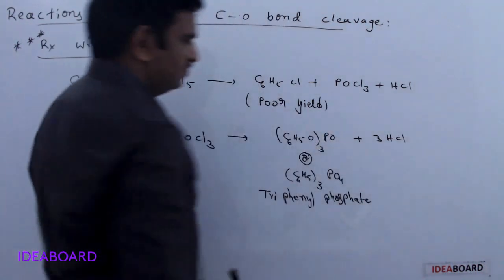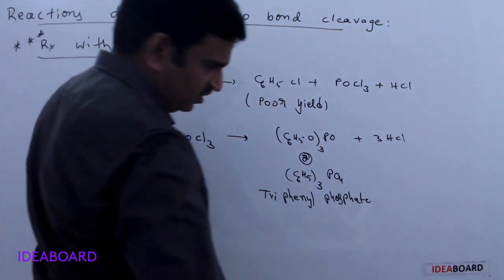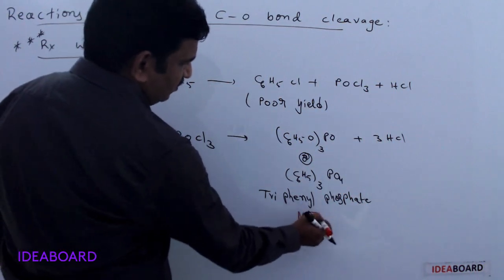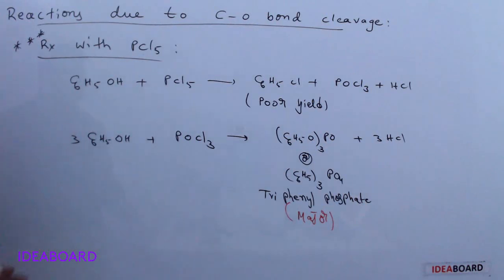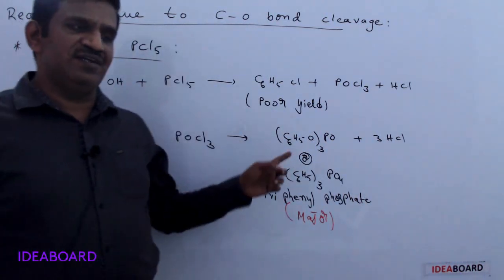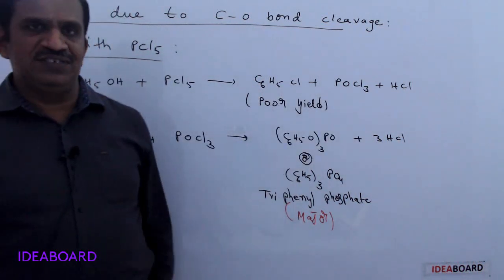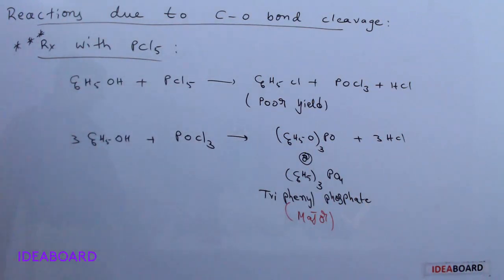That is the major product. So please remember, in the reaction of phenol with phosphorus pentachloride, the major product is triphenyl phosphate, not chlorobenzene. It is an important reaction.